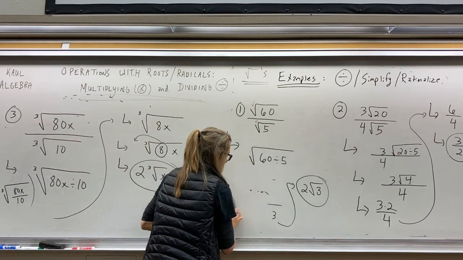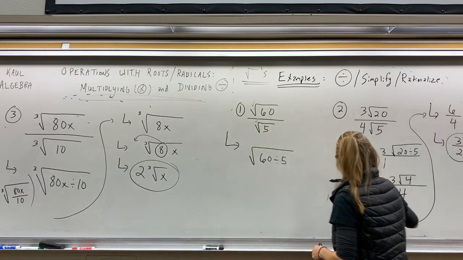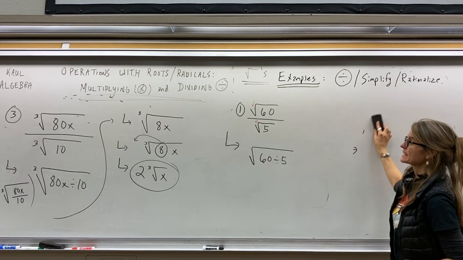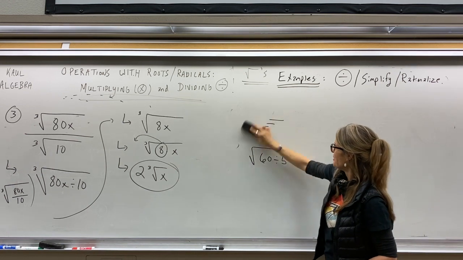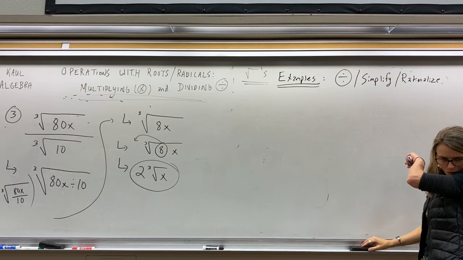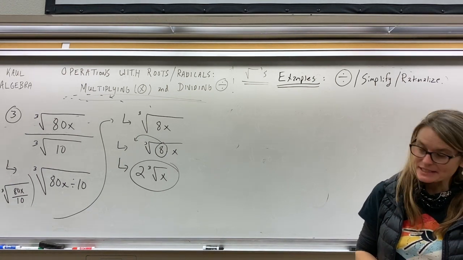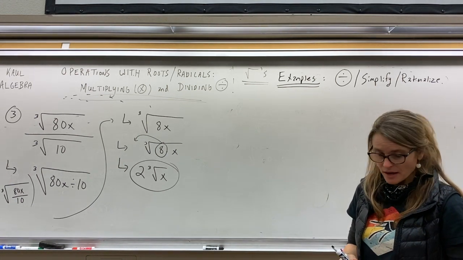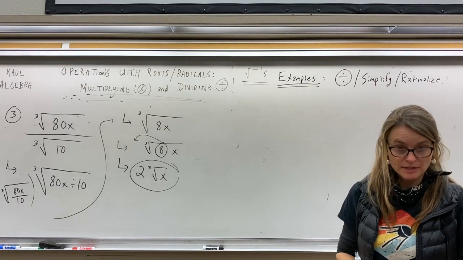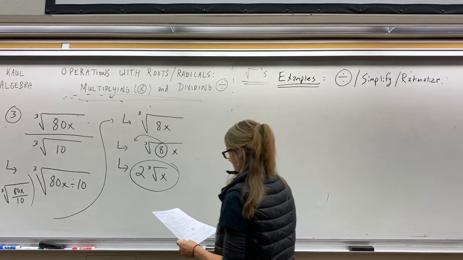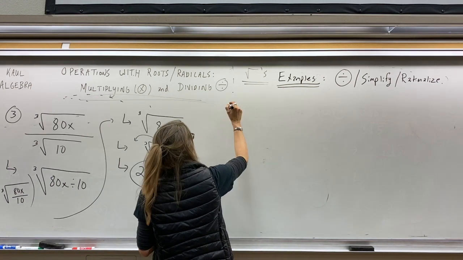So let's go ahead and take a look at a problem and see what rationalization entails. Okay, so to rationalize really means just to make this irrational number into a rational number in the denominator. Okay, so let's see.